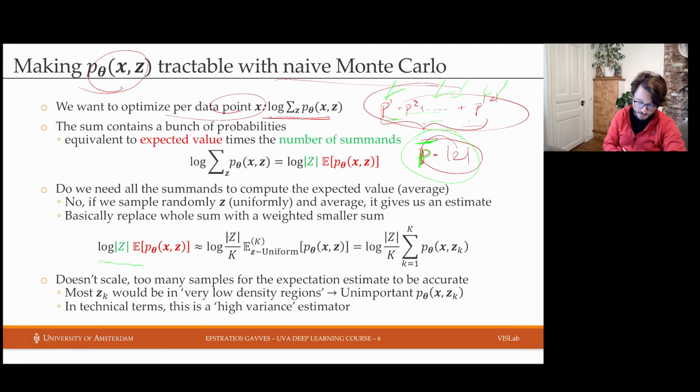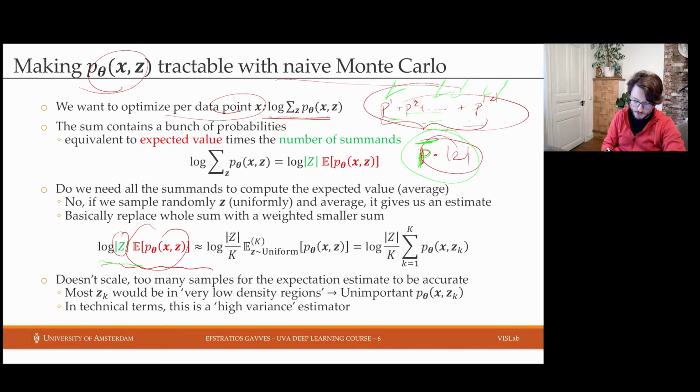So this is exactly what I described here in this mathematical formulation. We have the Z here corresponding to the number of summands and the average, so the expected value. The sampling, how do we do the sampling? We can do it uniformly, right? So if we have, let's say, 1,000,000 possible combinations, we randomly pick 10, and this is it.